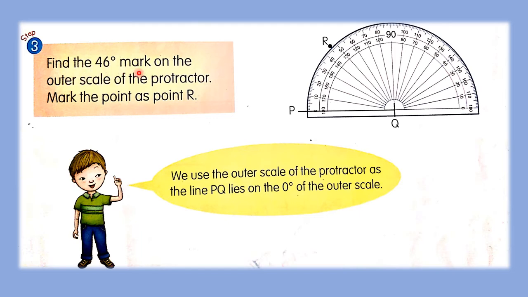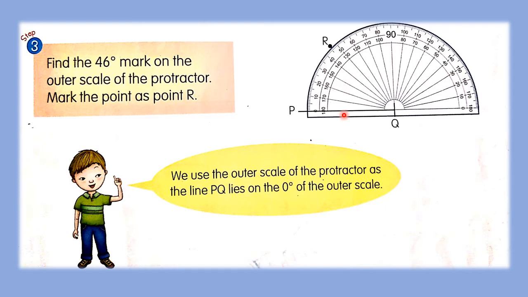Find the 46 mark on the outer scale of the protractor. Now the protractor is here, right? That means the PQ line is here. Since we are going to measure the degrees from the protractor from 0, that means we have to start from 0.